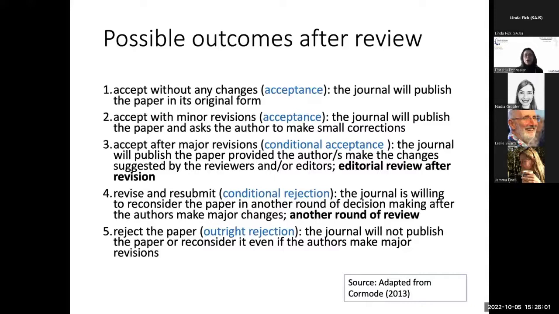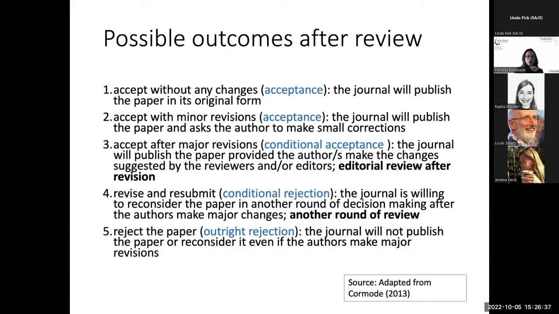It's saying, we're asking you to make some substantive revisions to your paper, but we want to publish the paper regardless, right? So the authors are then asked to make the changes suggested by the reviewers or the editors. And once the paper comes back, it goes to the editor to assess the extent to which the revisions suggested were incorporated into the paper. Okay, so it's just an editorial review process after this.